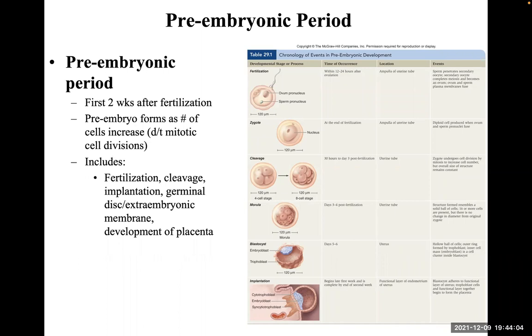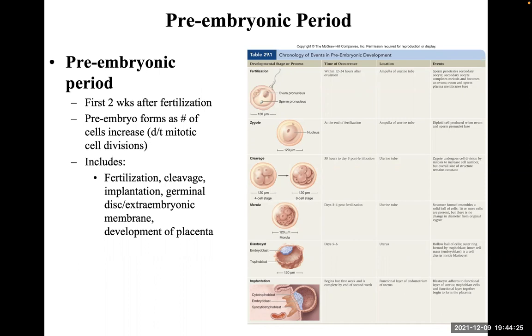So we go from the zygote to the next stage, and we have a 4 and an 8 cell stage that we're not going to focus a ton on. But the next stage that we discuss as a differentiated stage is the development of what we call the morula. The morula is still a solid ball of cells.